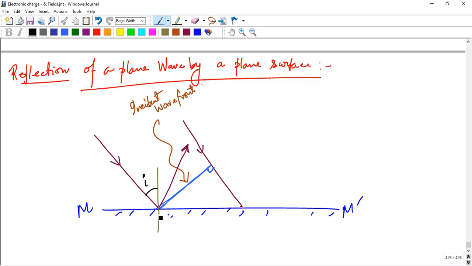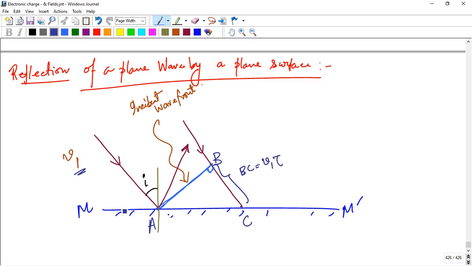Now I draw other points, suppose point A, point B, and point C, and the velocity of this medium is v1, so the length BC is equal to v1 tau.